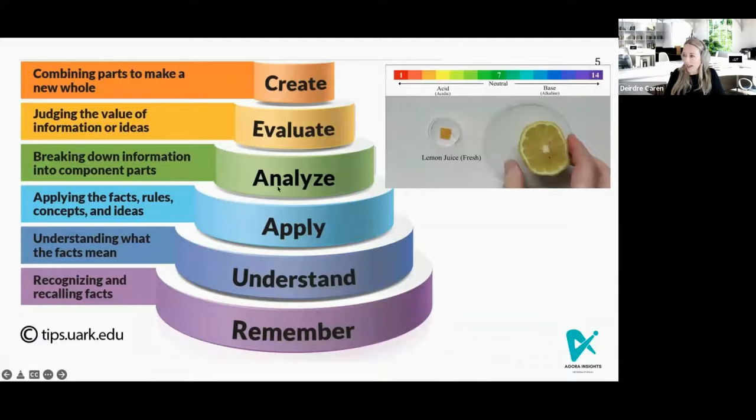As we go into the analyze level, we want to start to break down information into important parts. Now that we're on the fourth level, we learn to analyze that this lemon can be broken down into either a fresh lemon or into components. We know how acidic that lemon is because we can measure it, and the level of measurement depends on what state that lemon is in.